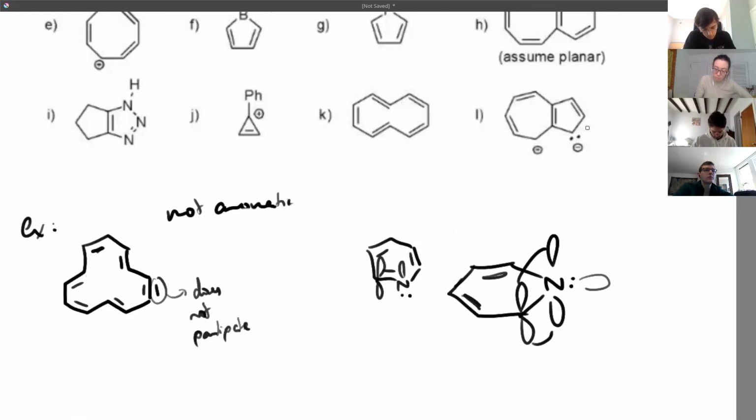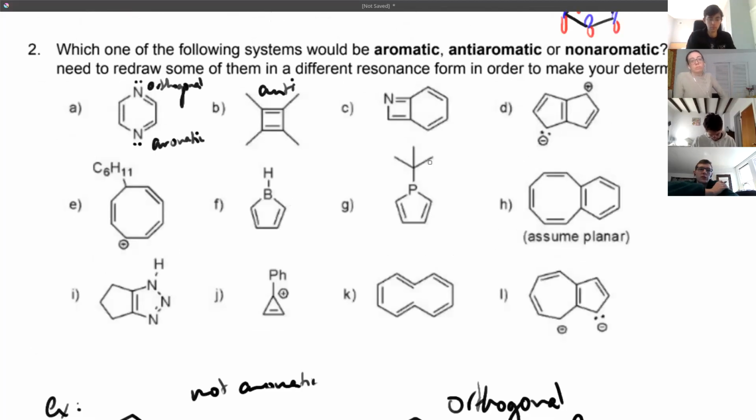This is orthogonal. Right, yeah. All right, what about C? Anti? Yeah, I think it would be. Because look, this nitrogen, this lone pair is orthogonal here, and so it can't get involved. And then you have something that's planar on this side and something that's planar on the other side, and there's no way for these two to bend.